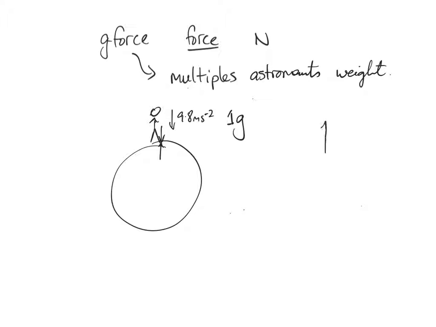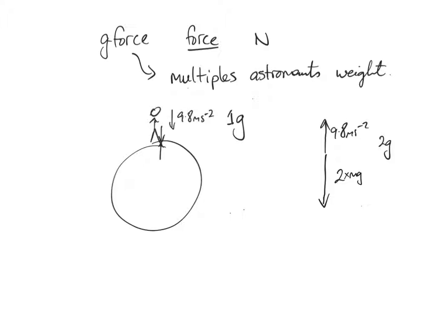If we're moving up at 9.8 meters per second squared, we're now experiencing 2 Gs of force. In other words, this astronaut would be feeling a weight force of twice his original weight.